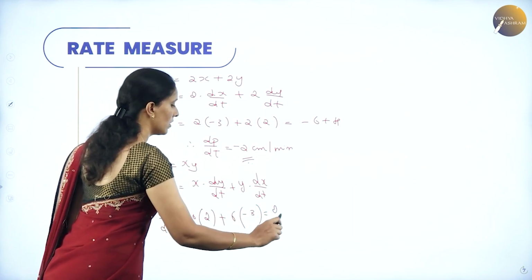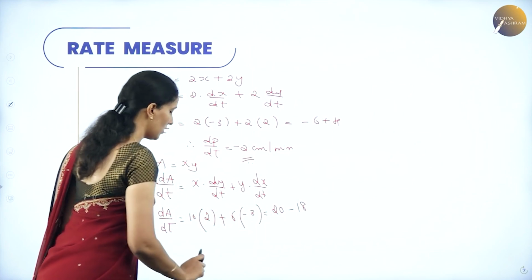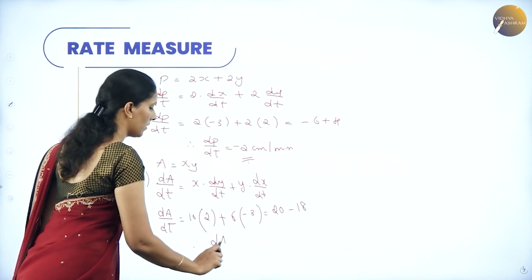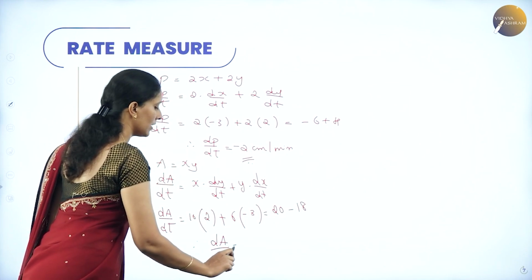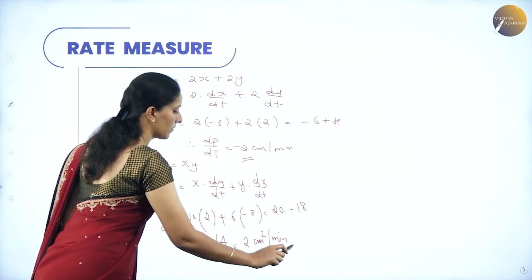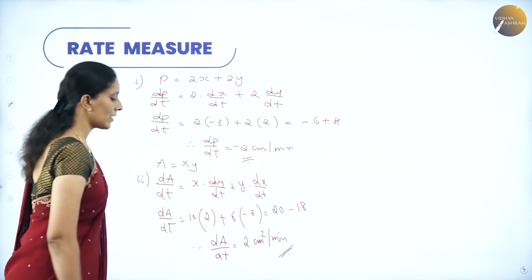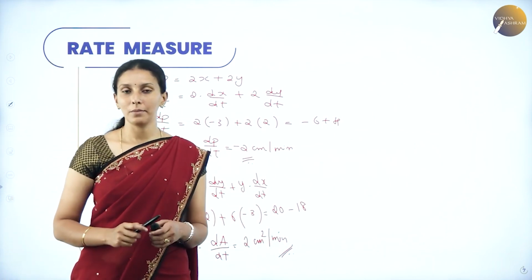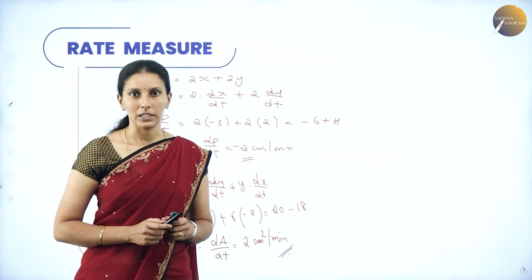So here it is 20 minus 18. So therefore dA by dt is equal to 2 centimeter square per minute. Thus the area is increasing at the rate of 2 centimeter square per minute.